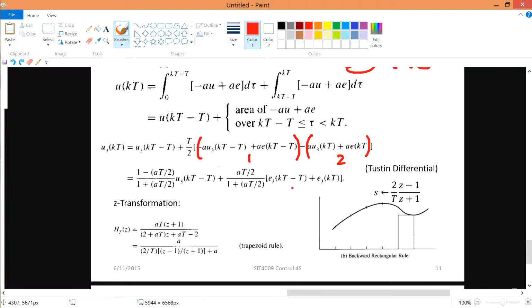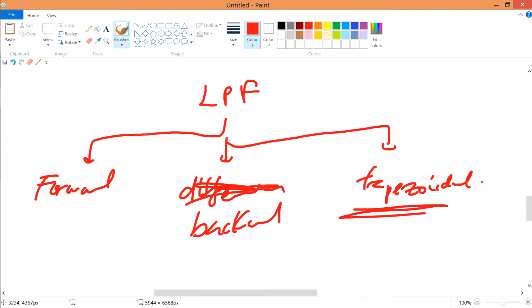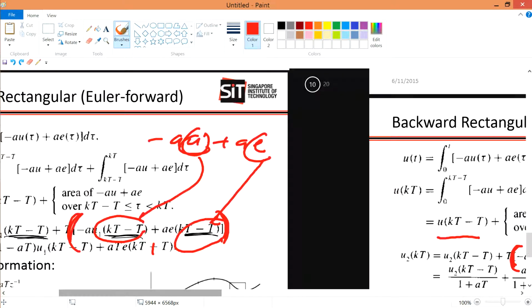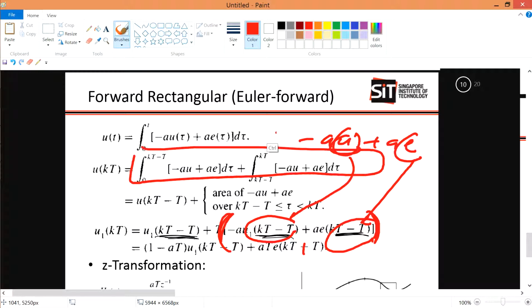So for your low pass filter, you can get your information by using forward, backward and trapezoidal, and we have somewhat proved to you that they are all near the same, except the step before you integrate.